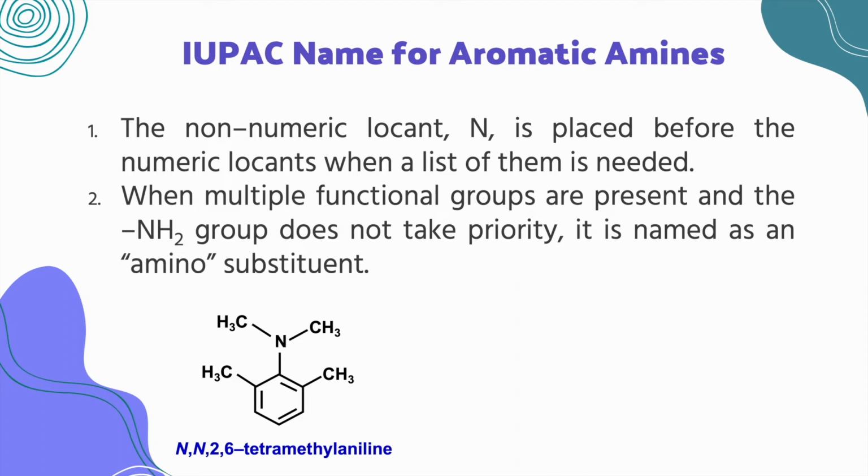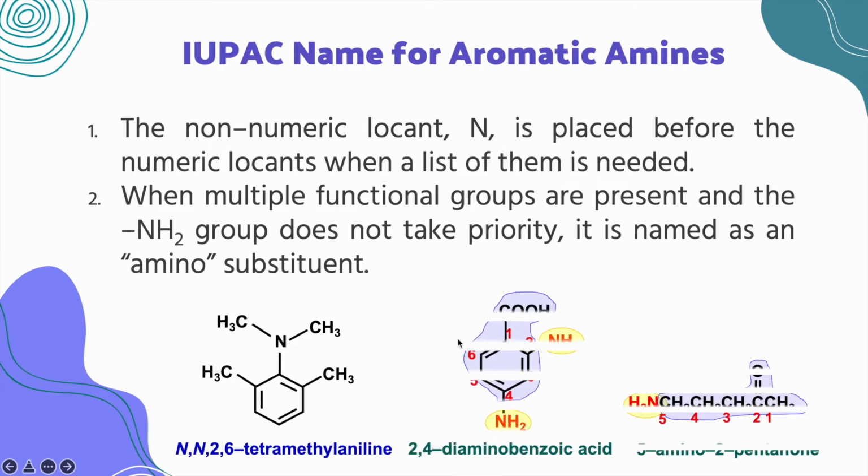That makes the amino become a substituent because the other functional group has higher priority. If that functional group has lower priority, then amino will become the parent. But if the functional group has higher priority than amino, then amino will become the substituent. Amine will become a substituent and the name of it as a substituent is amino.